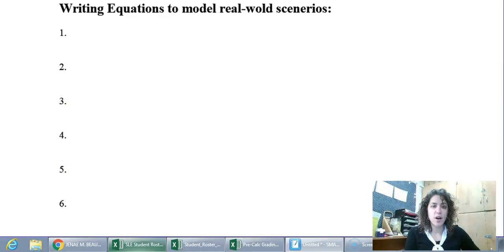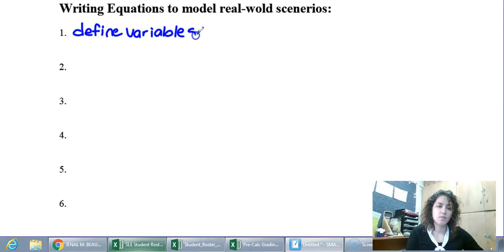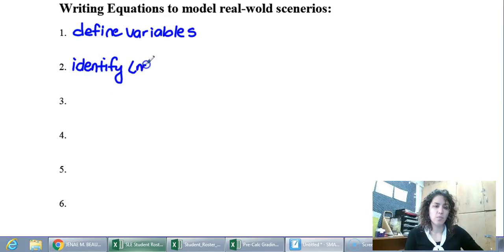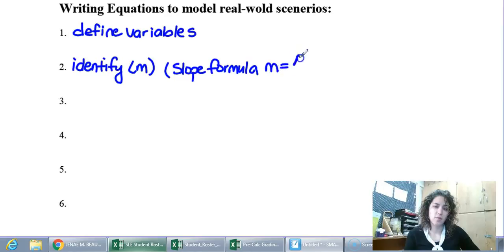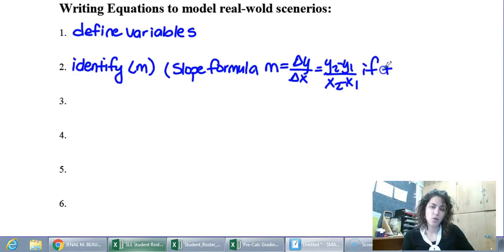In a real-world scenario, our first step will always still be to define variables. Second, we are going to identify m, which is our slope. Make a note, slope formula, which, just to remind you, change in y divided by change in x, y2 minus y1 divided by x2 minus x1 if 2 points given.